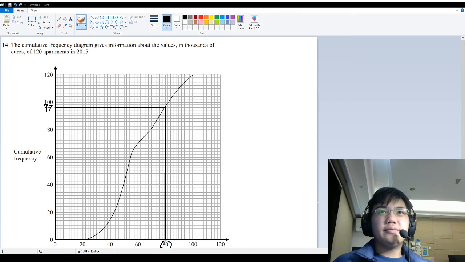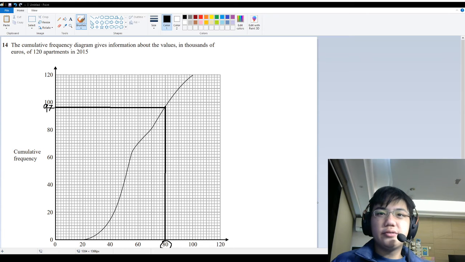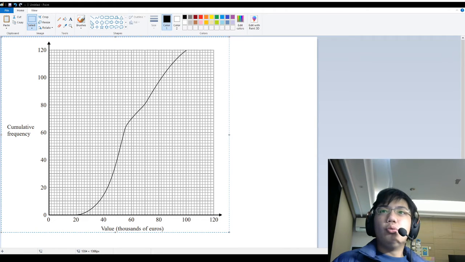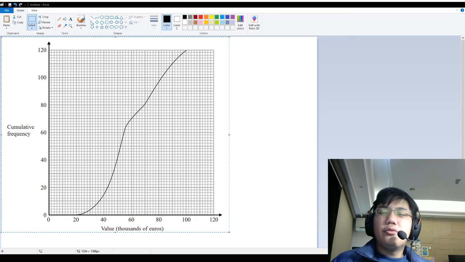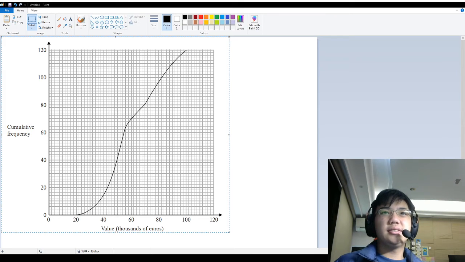For part B, we are given a table where the table states the value of the apartments in thousands of euros and the cumulative frequency of said apartments.